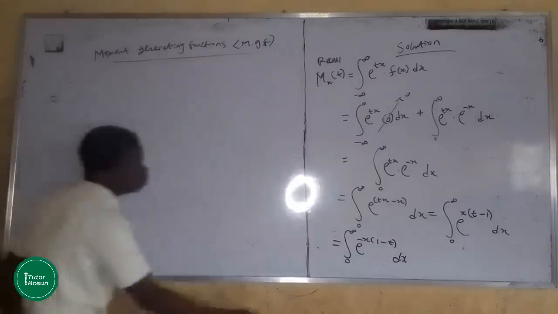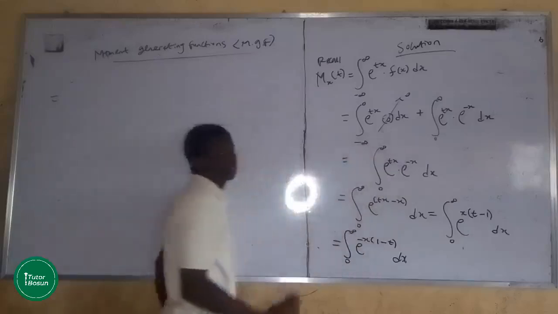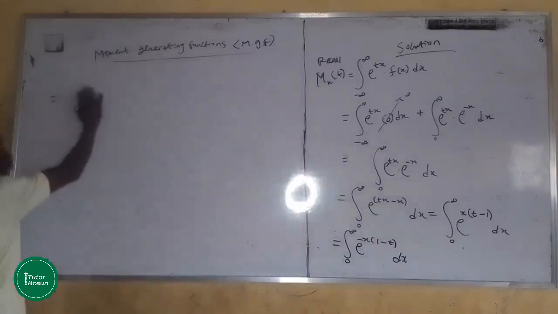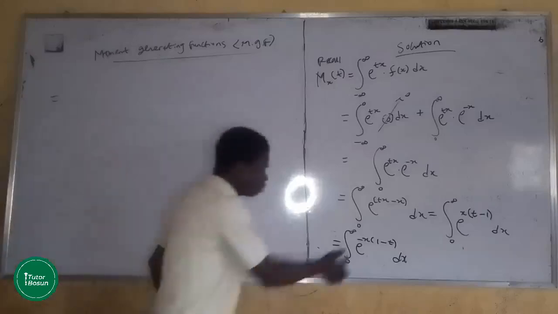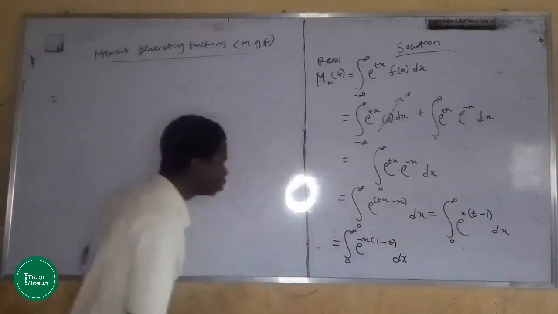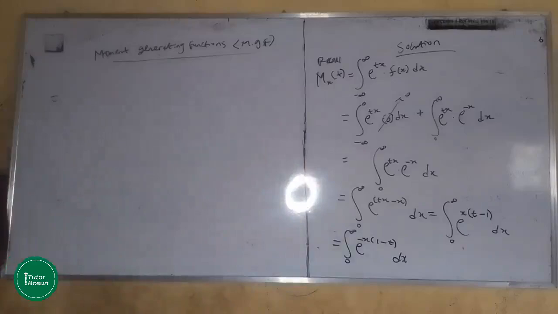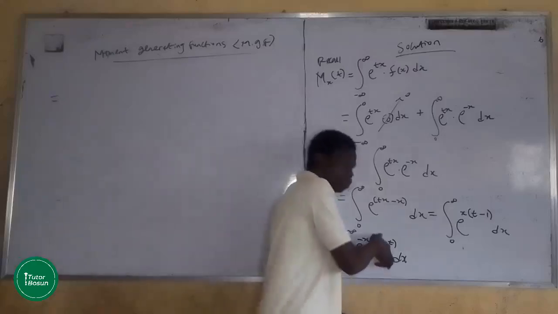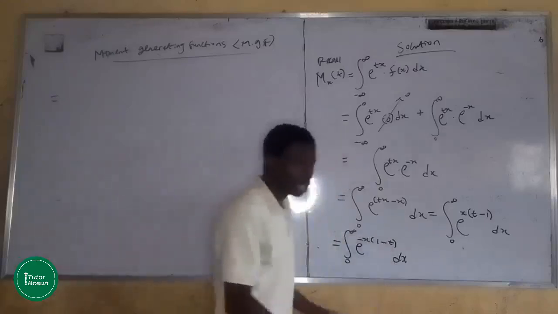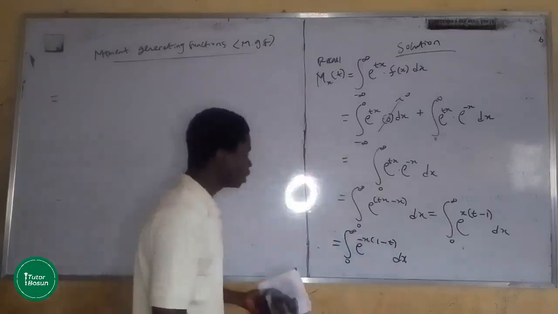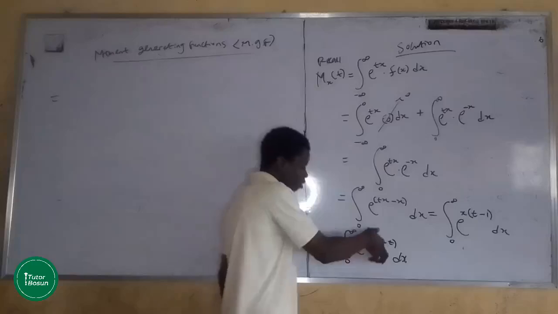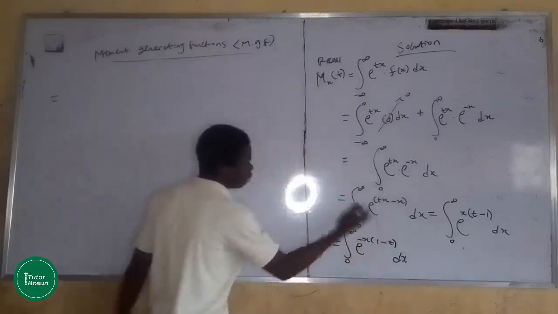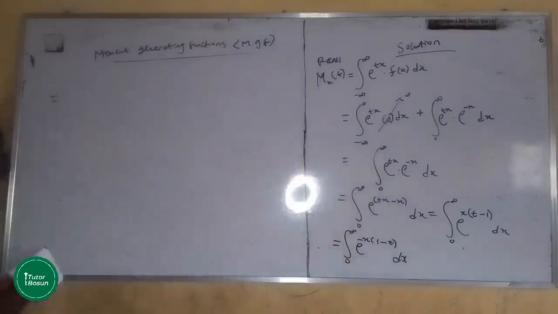Since we have been able to break everything down into this, we can now introduce our boundary condition. But first we need to integrate. We haven't integrated this yet, so let's integrate before introducing our boundary condition. From your normal rule, if you want to integrate this, you differentiate the index, then you divide everything by the result of that differentiation.